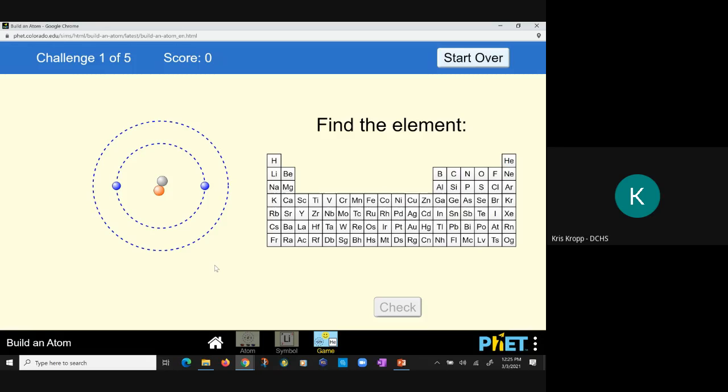What element is this? Olivia says the number of protons. Okay, well, how many protons are in there, Olivia? 1. I concur, 1. So that means, what element am I looking at if there's one proton?